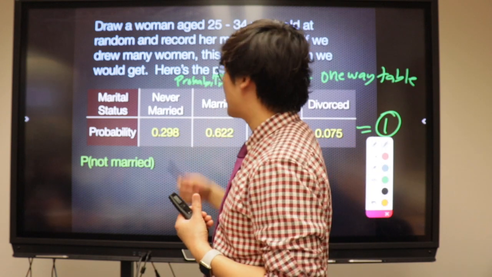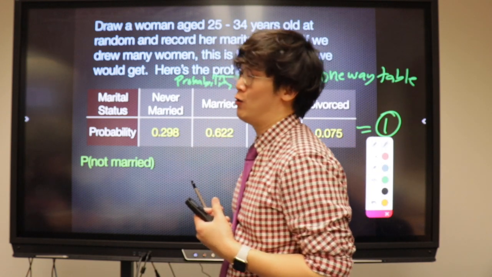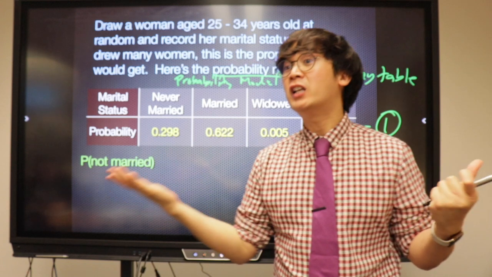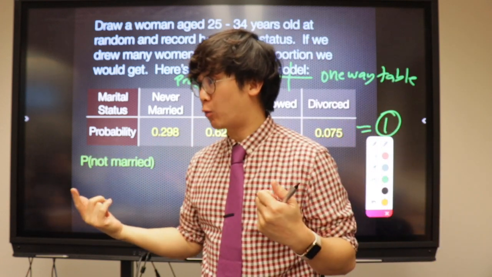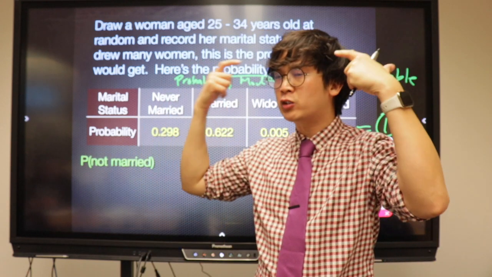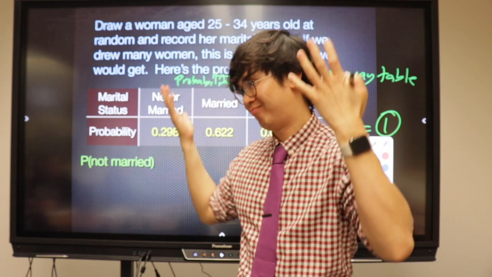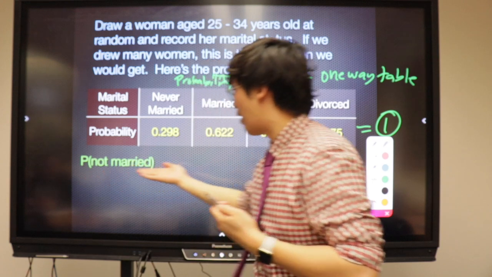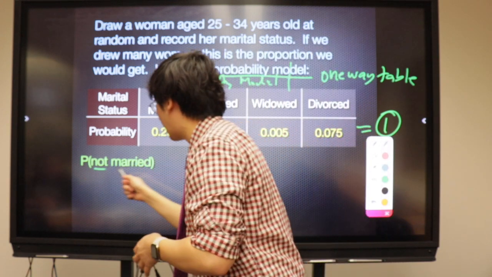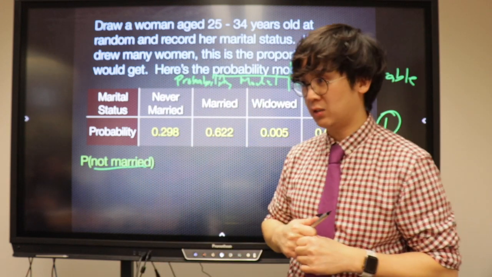Is not married the same as never married? No, of course not. This is the challenge in statistics and probability questions, when you try to reason out or justify a thought that you think is right, when you are just specifically being asked to answer this particular question.